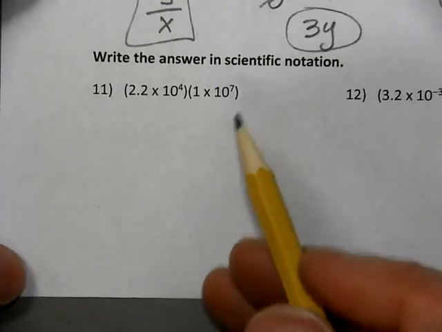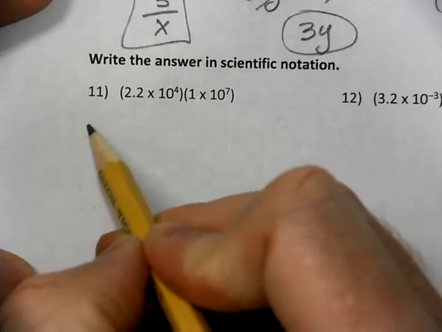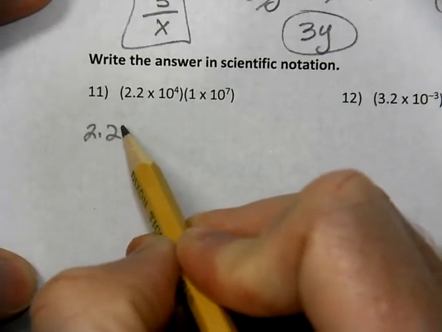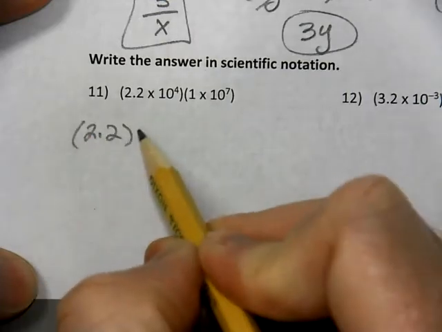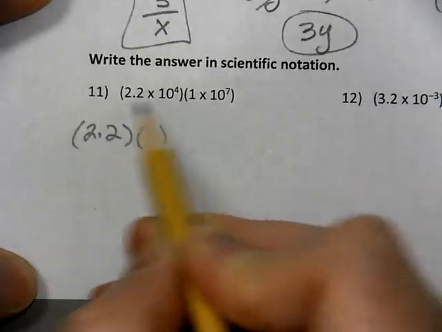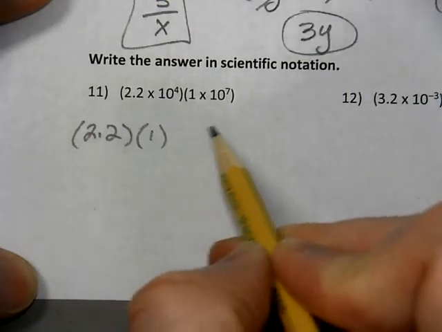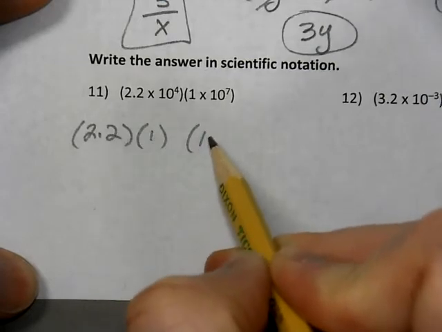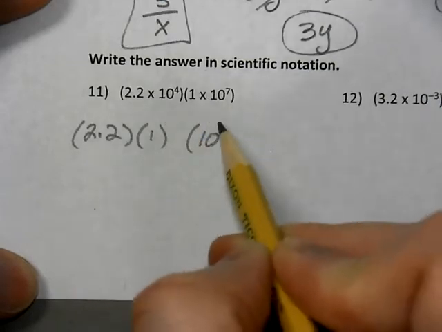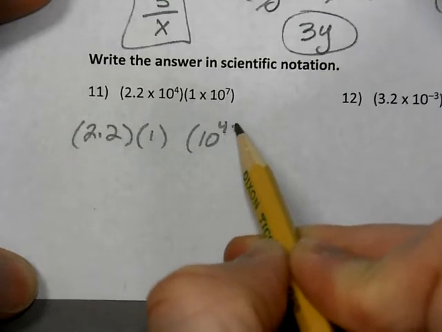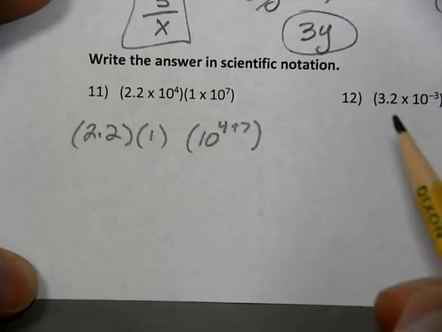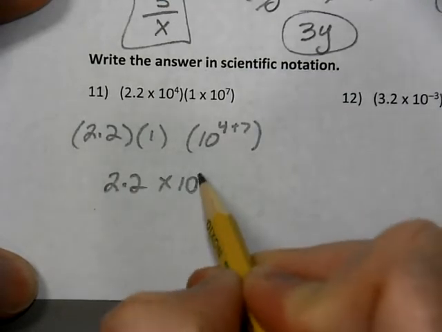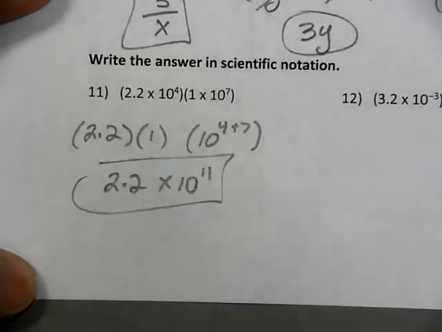Working with scientific notation, we're going to multiply the 2.2 times the 1, and we're going to multiply the 10s together, so we add exponents. So we get 2.2 times 10 to the 11th.